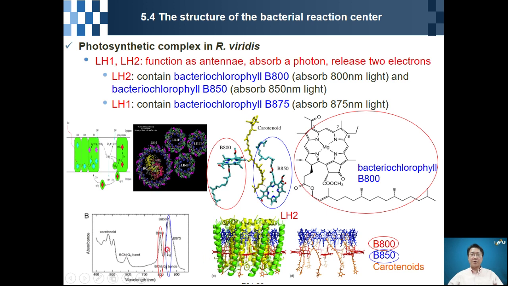It absorbs around 850 nanometer light, and the structure is nearly similar to bacterial chlorophyll 800. Okay, and LH2 also has carotenoids. The orange color is carotenoids. The carotenoids usually absorb between 400 and 500 nanometer wavelengths.